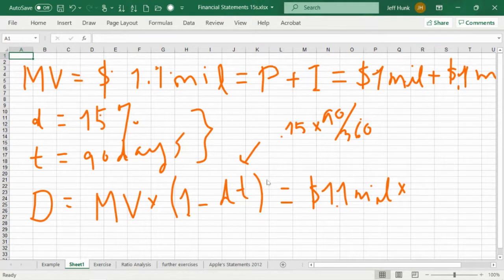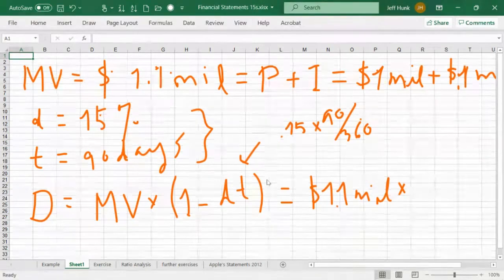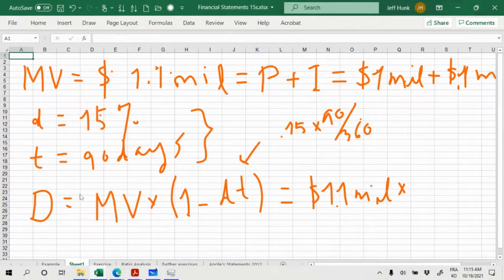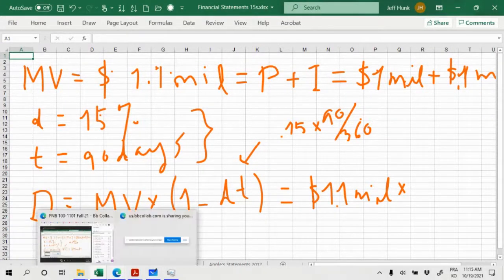There are two types of years in simple interest. One is the ordinary interest year, in which 1 year is 360 days. In the exact interest year, 1 year is 365 days, of course.